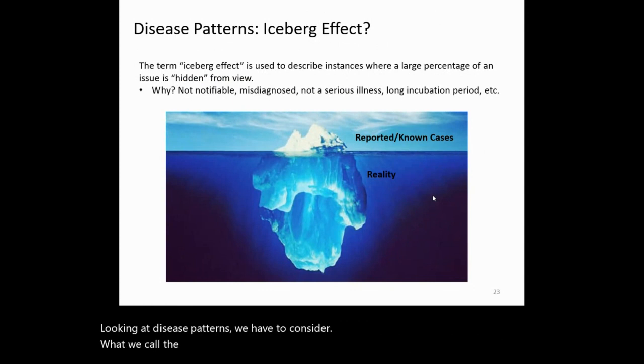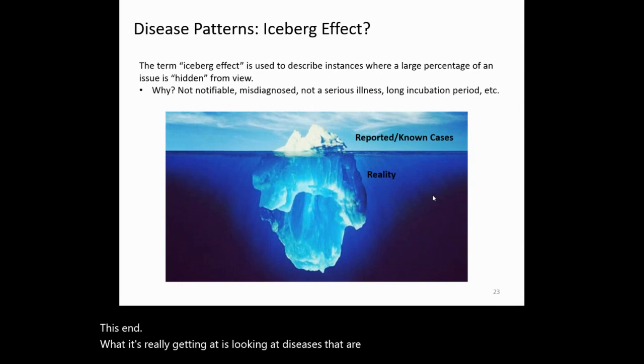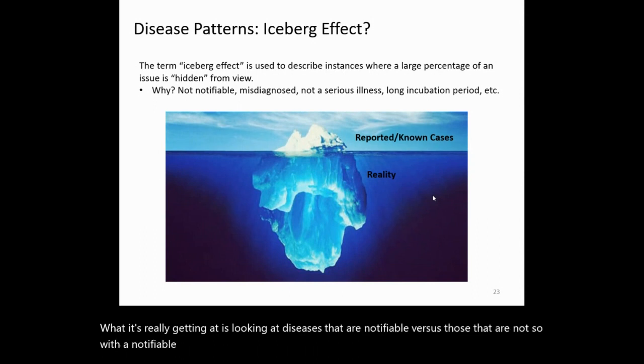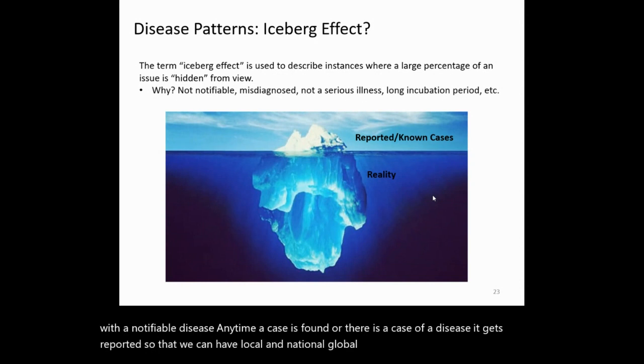So last but not least, looking at disease patterns, we have to consider what we call the iceberg effect. What it's really getting at is looking at diseases that are notifiable versus those that are not. With a notifiable disease, anytime a case is found, it gets reported so that we can have local, national, and global statistics on the frequency of these diseases.